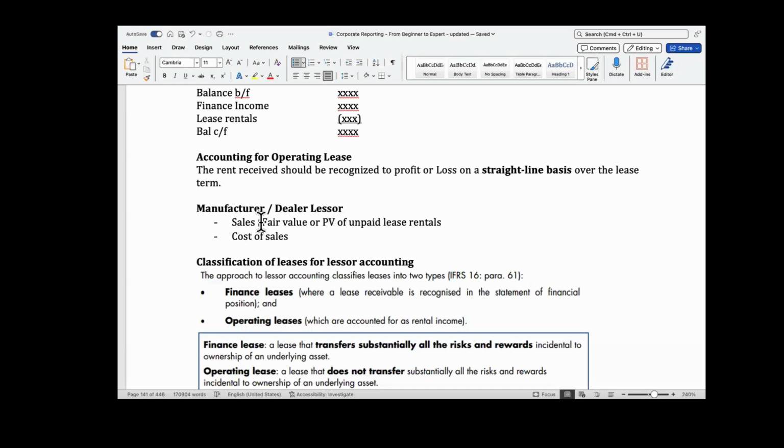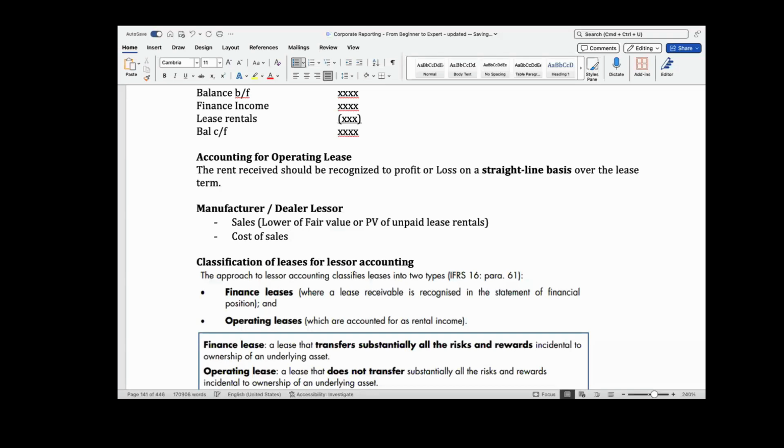So what he recognizes as sales is going to be either the fair value or the PV of unpaid lease rentals. It picks the lower of the two: the lower of fair value and PV of unpaid lease rentals.